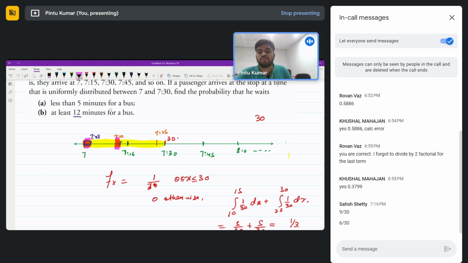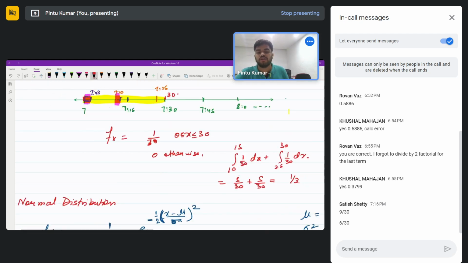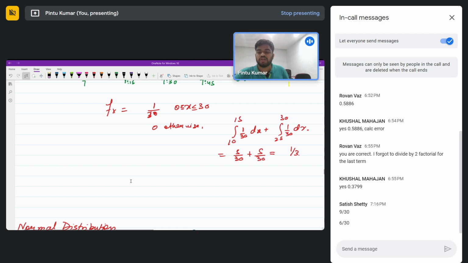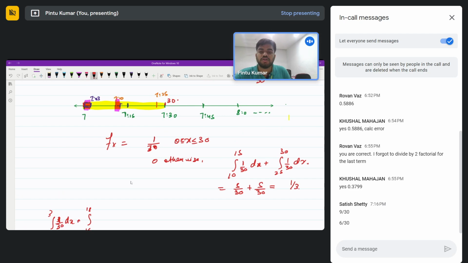Okay. So this would be nothing but integration from 0 to 3, sorry, 1 by 30 dx, and then it would be from 15 to 18. Sorry, not this portion, this is 7:10, sorry, this is my 7:15.